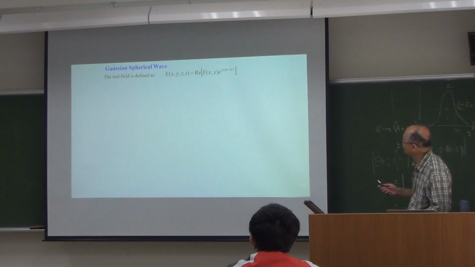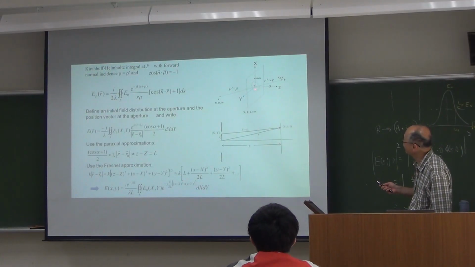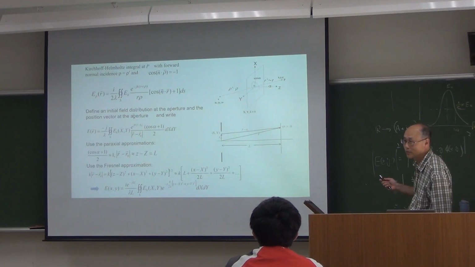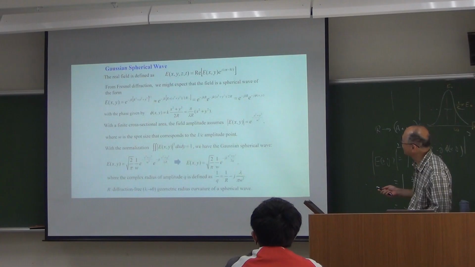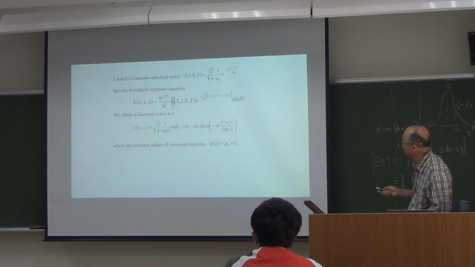Remember, the theory is like this. You have something to start with, and then you have the wave propagate downward. And then we try to understand what that is. Okay, so put the Gaussian spherical wave into this location and see what happens. And so let's do an integration. If you do an integration, you find that the result is like this.